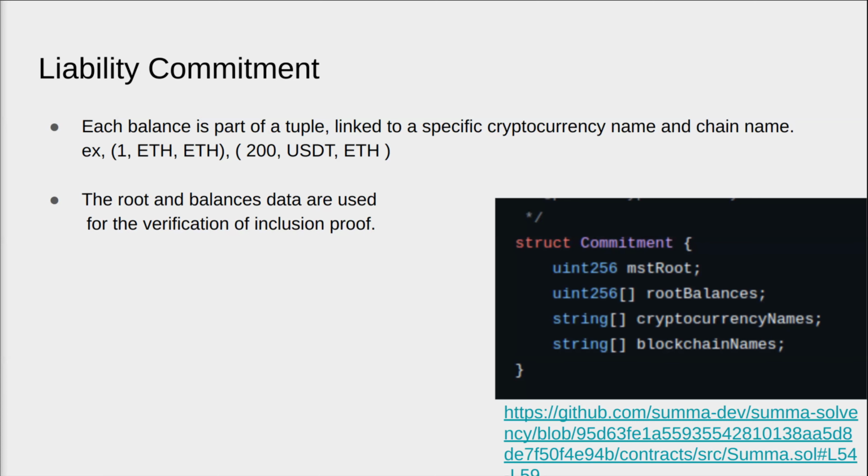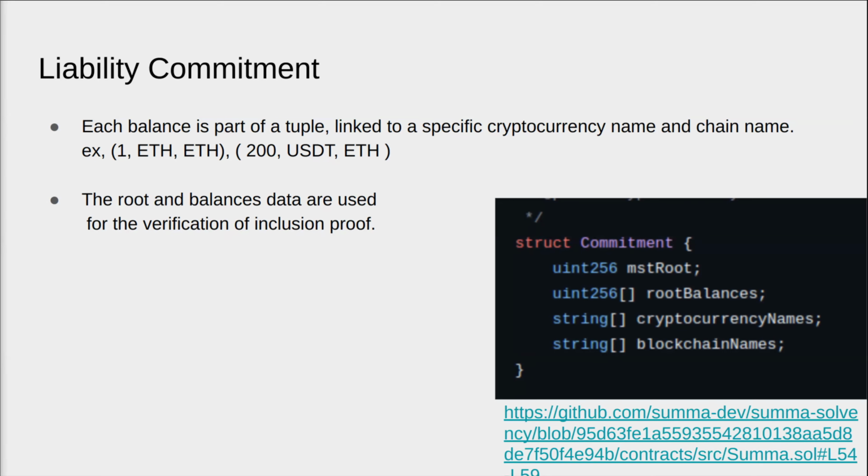Each cryptocurrency is mapped to a chain one-to-one. For example, the first balance in the array of balances is mapped to the first entry in the array of cryptocurrency names and also the blockchain names. So the length of these arrays should always be the same when submitting the commitment.